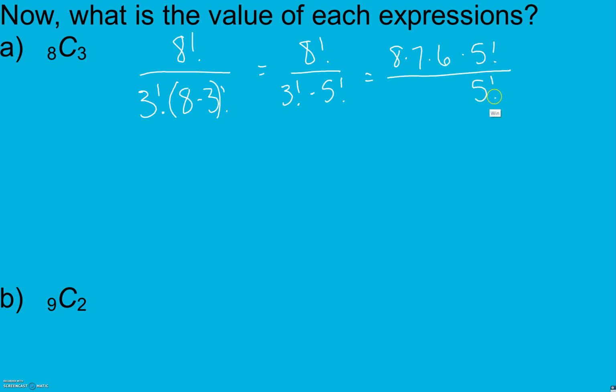We'll cancel my 5 factorials. And 3 factorial is 3 times 2 times 1. 3 times 2 is going to cancel with my 6. So all I'm going to have left is 56.